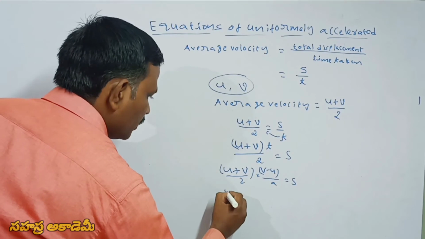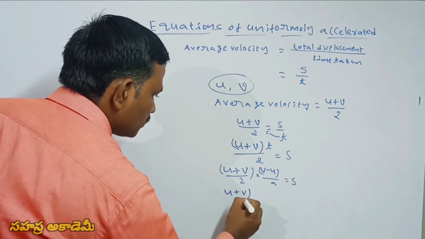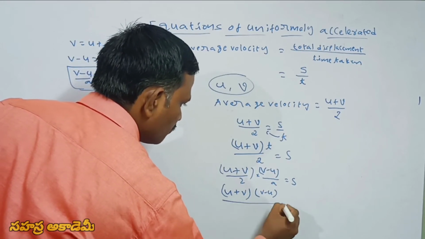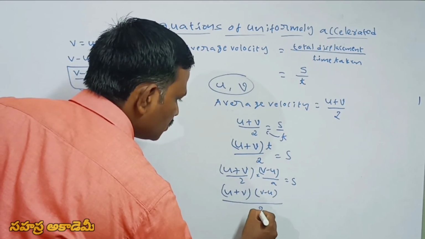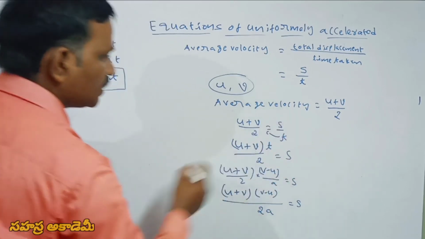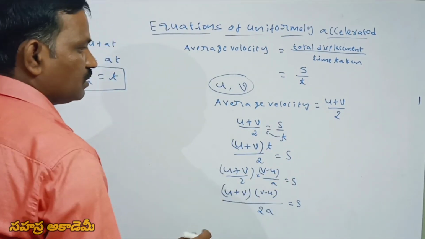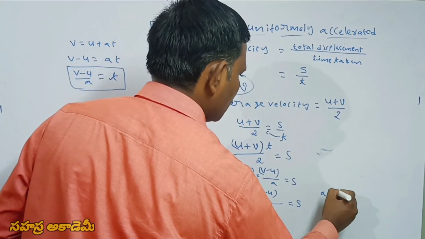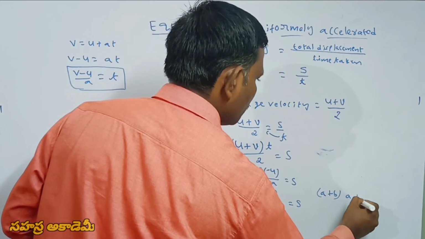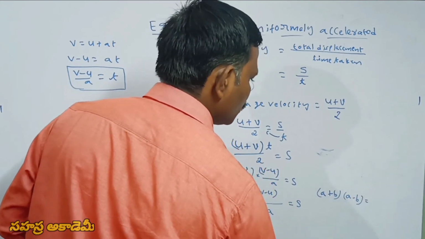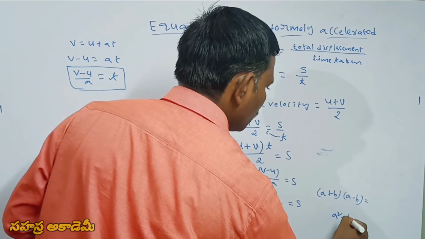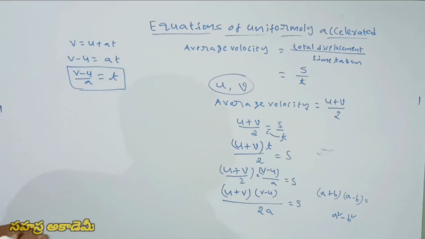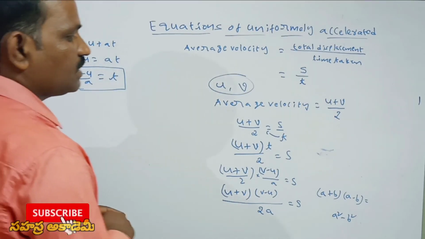Now we can write u plus v into v minus u by 2 into a, that is 2a, is equal to s. This seems to be the formula a plus b into a minus b, which is a square minus b square.